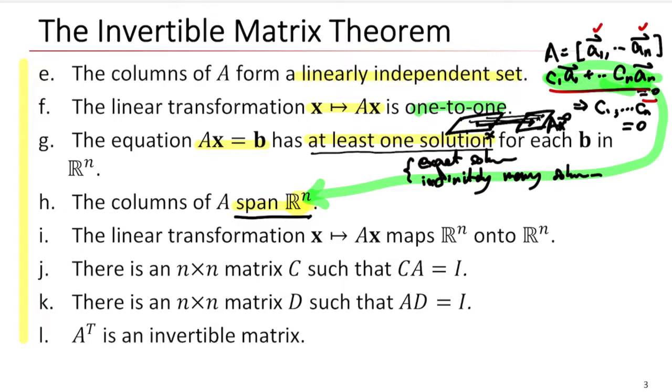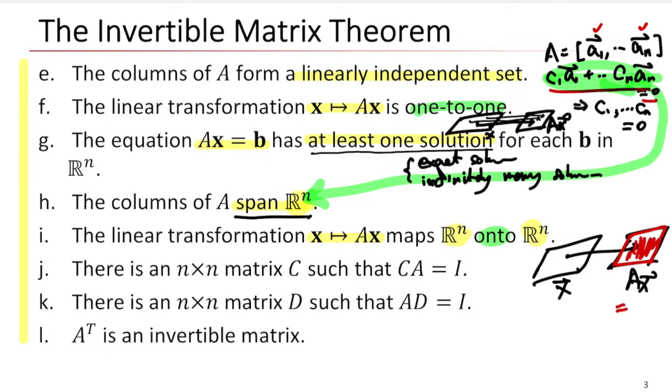Another thing is that the linear transformation x to Ax maps Rn space onto Rn space. What does it mean? X is the input vector and Ax is the output vector, and here's the mapping function. The output of Ax, or the range, is the output, right?